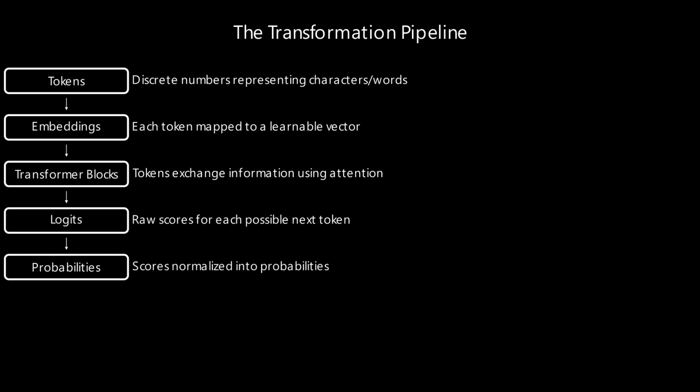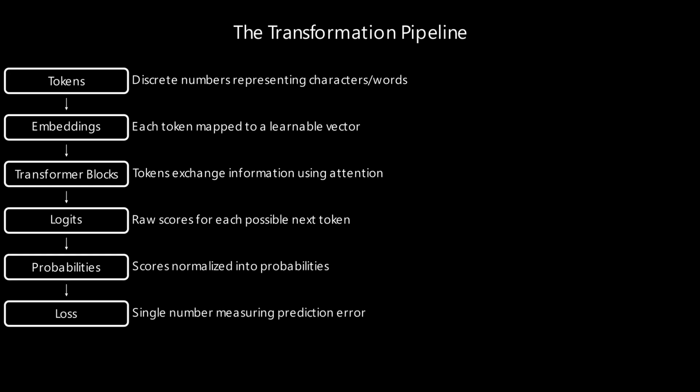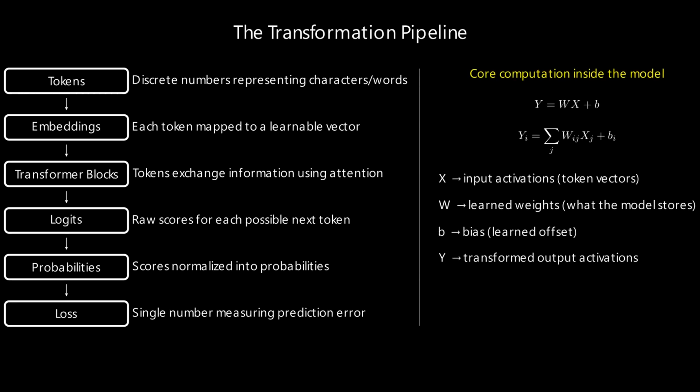These scores are converted into probabilities. We compare them with the expected output to measure the prediction error. At its core, the model relies heavily on linear transformations, using input activations, weights, and biases to produce output activations.